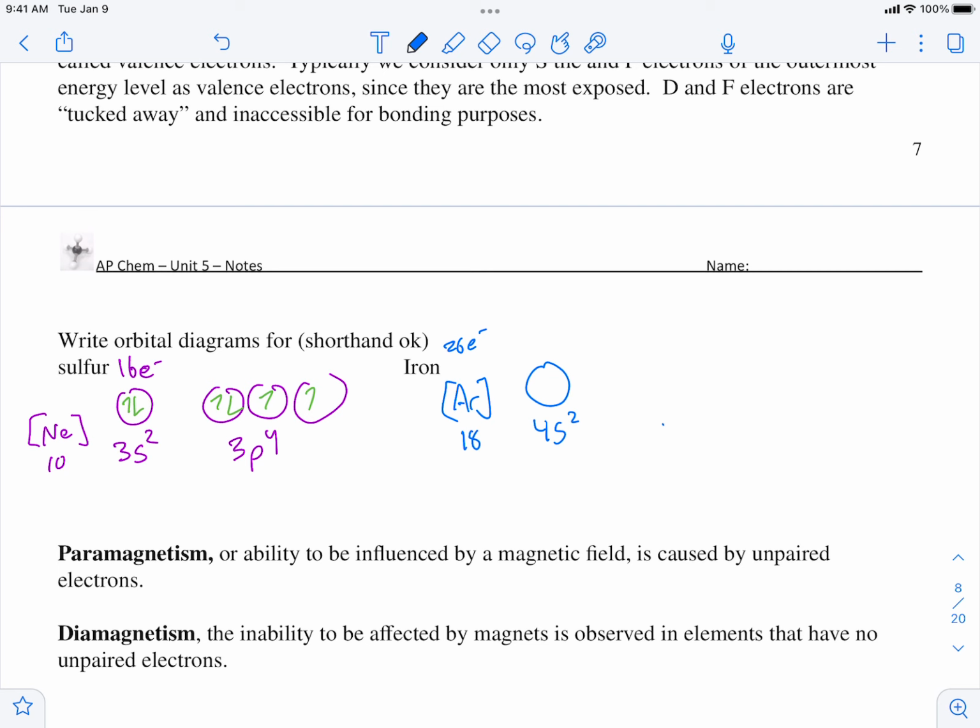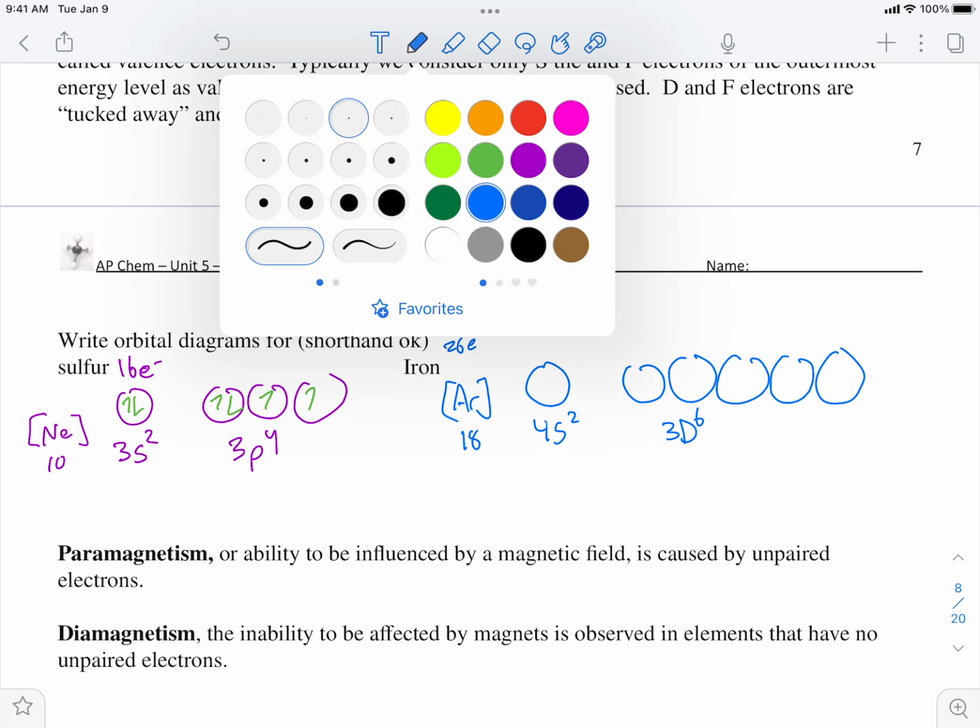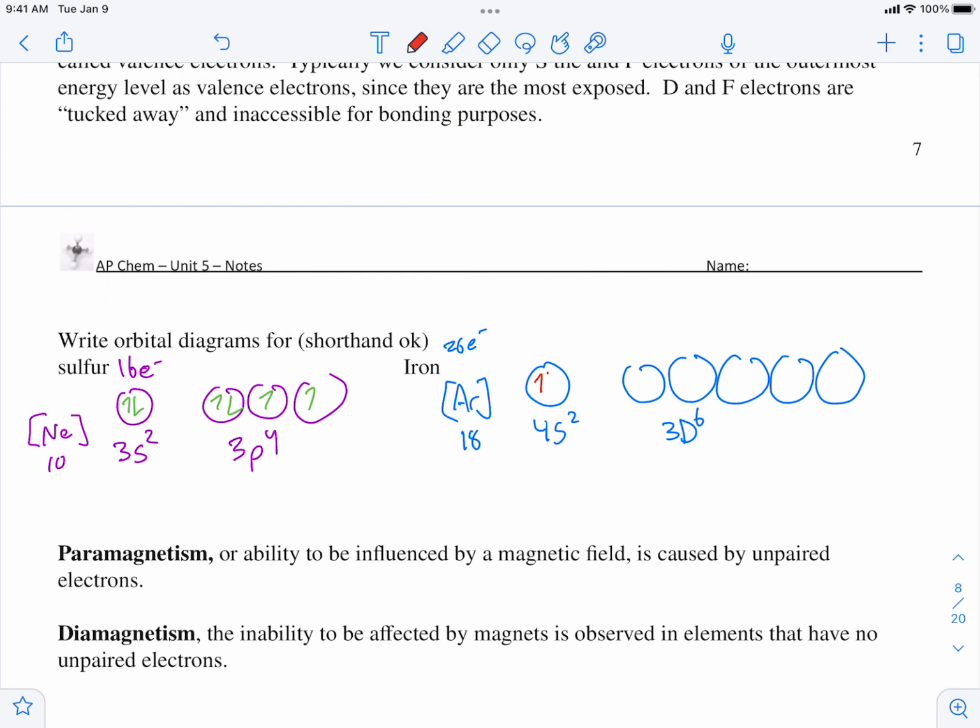And then after 4s comes 3d. So 4s2, 3d6, so up, up, up, up, up. Last one, down.